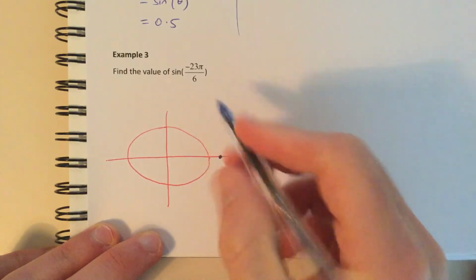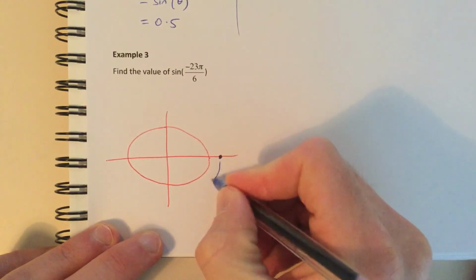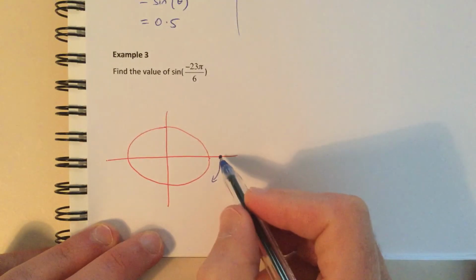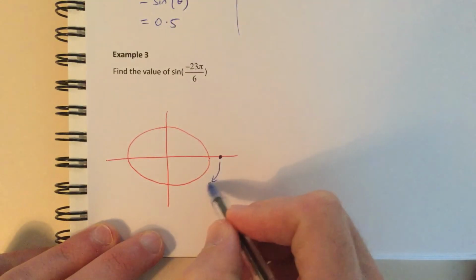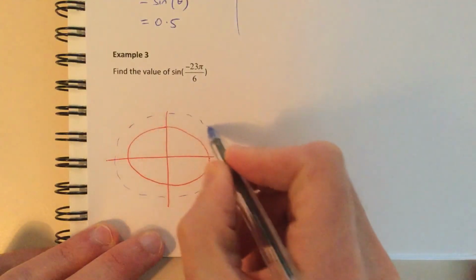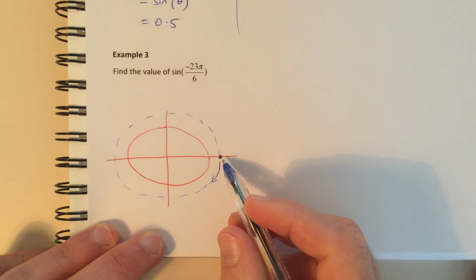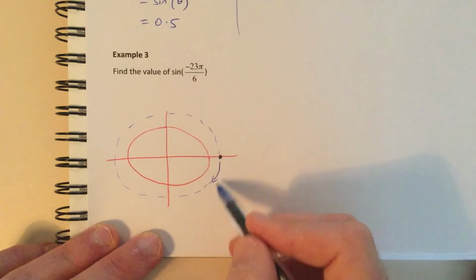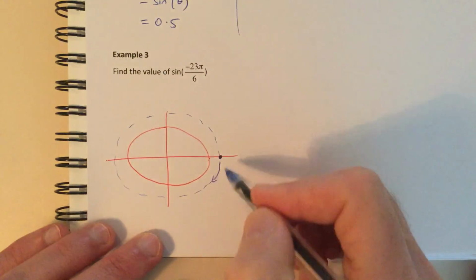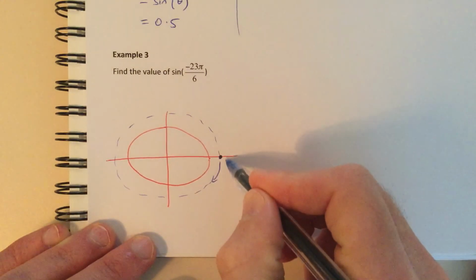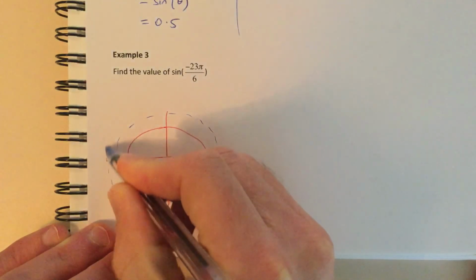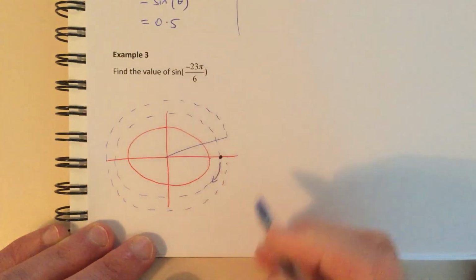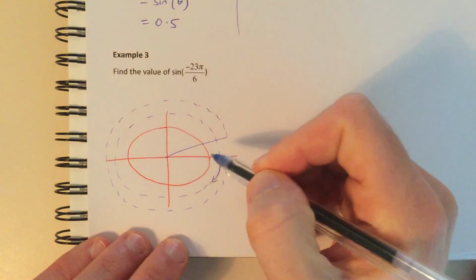Starting at 0 here, but because it's a negative angle, we're going to go clockwise as opposed to anti-clockwise. If we went all the way around once, that would take us to negative 2 pi, or negative 12 pi over 6. We basically have to keep going almost another full lap to get to the angle negative 23 pi on 6.